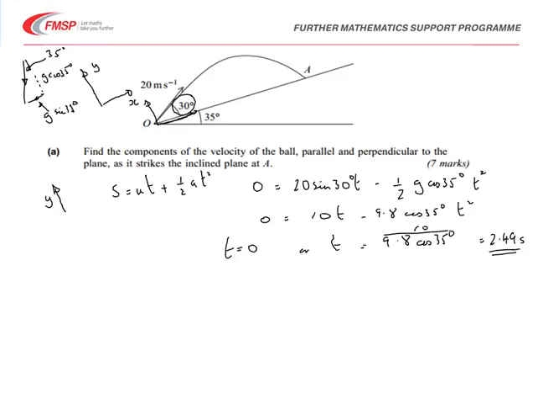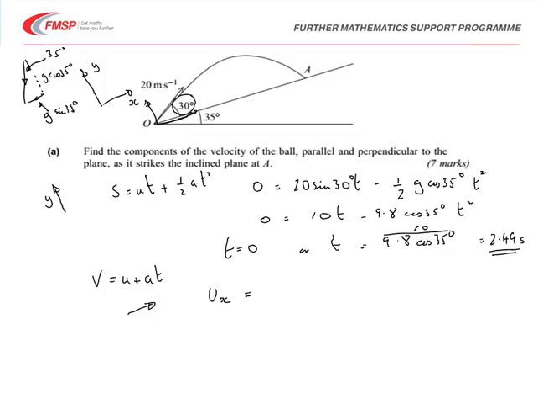Now we can use our parallel to the plane and perpendicular to the plane using v equals u plus at to get the velocity that it's going to hit the plane in the x and the y direction. First of all, along the plane in the x direction, let's call that Vx.